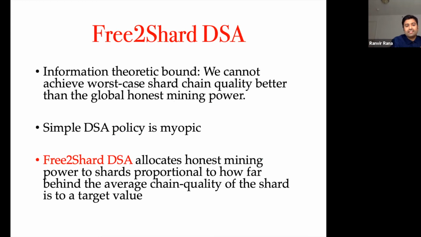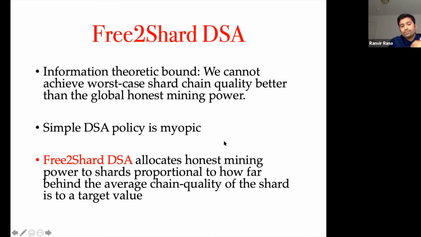So the best we can achieve, there's an information theoretic bound which says that the best worst-case performance you can achieve is the chain quality being equal to the global honest mining power, which is order of 1. Remember, in simple DSA, we only achieved order 1/log k.